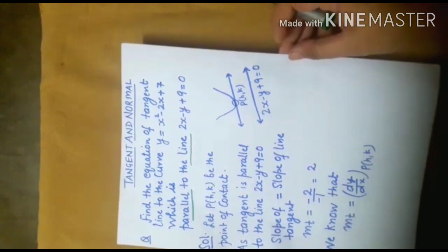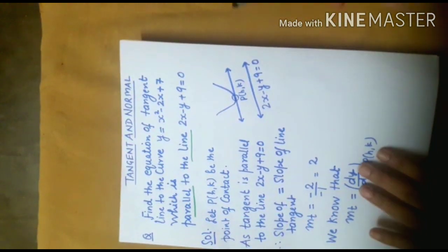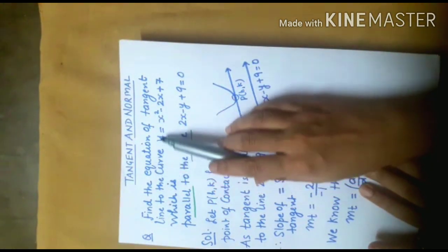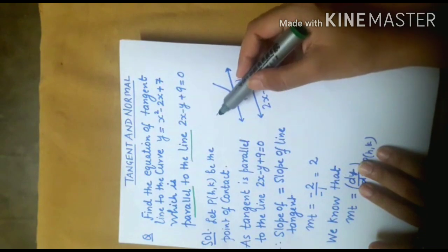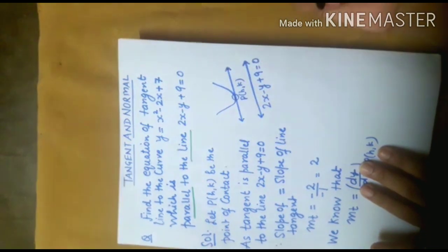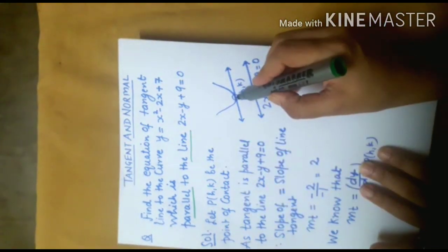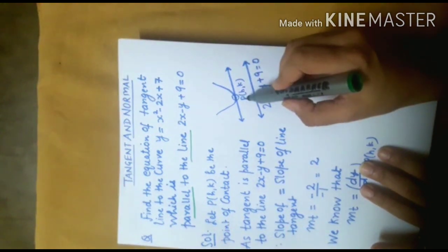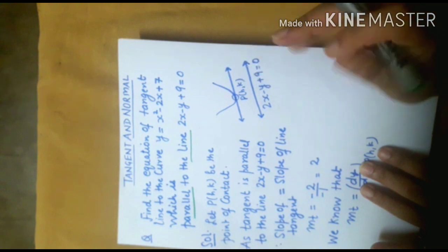Yes, let's first understand the statement of the question. Find the equation of tangent line to this curve. Yes, let this be the curve. At this point, tangent is drawn. So the point of contact is P(h, k).